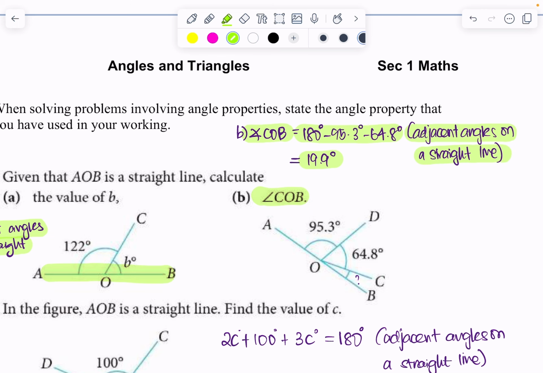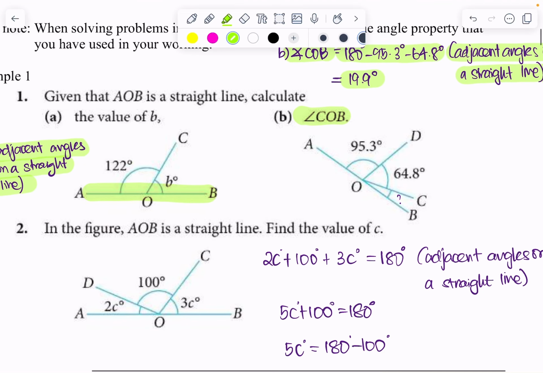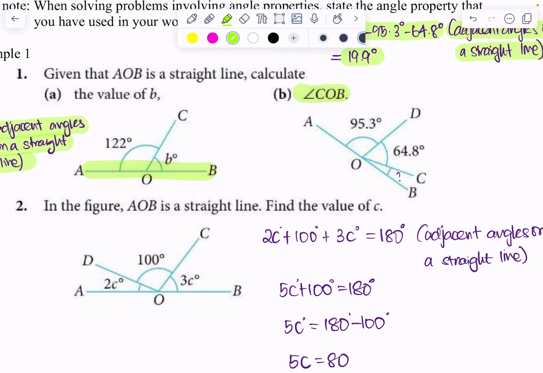Now let us look at question 2. Question 2, AOB is a straight line and we are asked to find the value of C. Now AOB is a straight line, so we know that these three angles would add up to 180 degrees. Now out of these three angles, two of them are unknown.